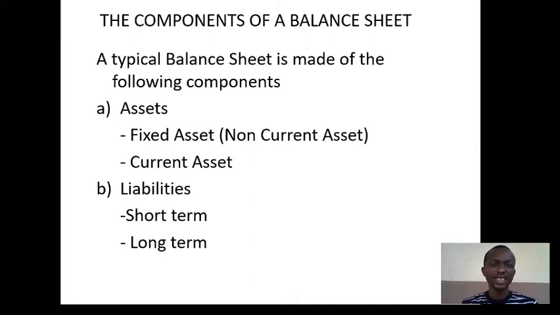Now, fixed assets are those assets that the company uses in the course of running their business. Most of these fixed assets are called fixed assets because they are not held for sale. They are not converted into finished goods.